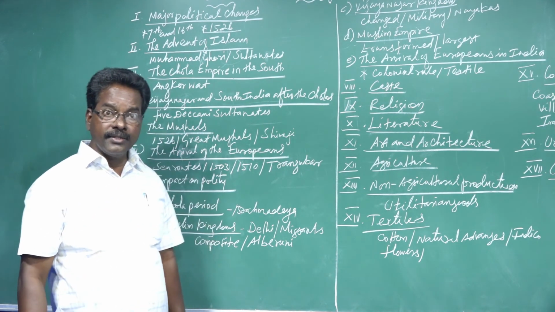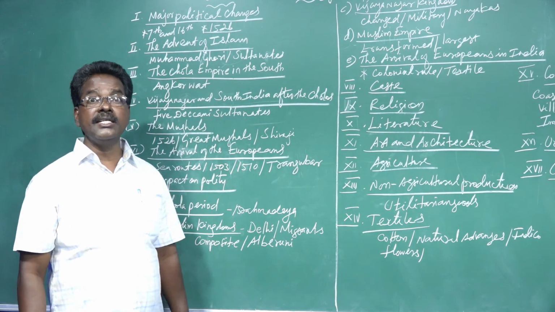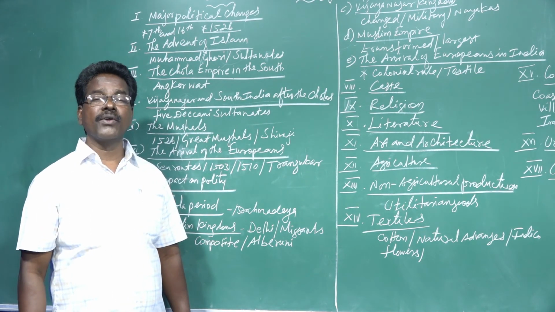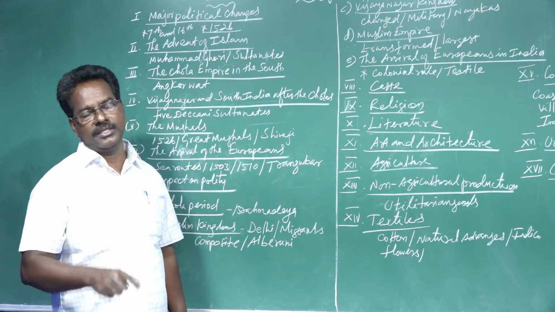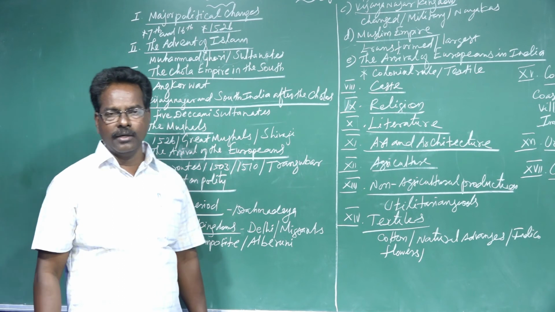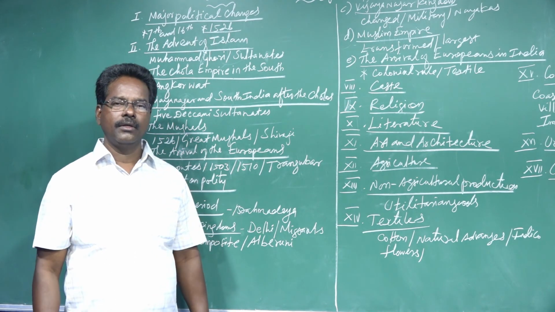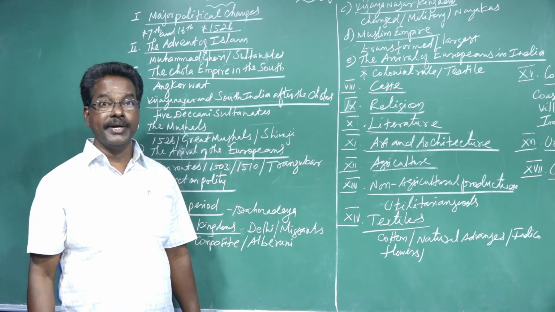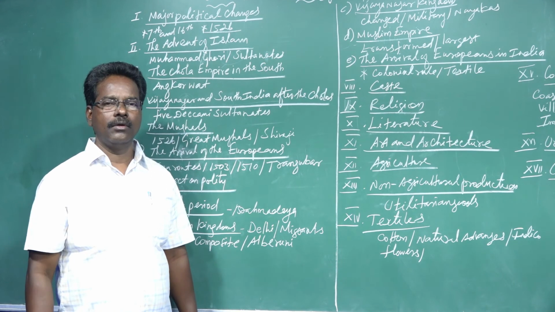Who organized composite culture? Migrants who migrated from Arabia and Persia maintained composite culture. Name the very important Muslim historians. Muslim historians like Al-Biruni, Ibn Battuta, Farishta.